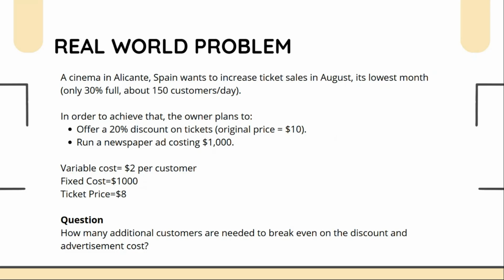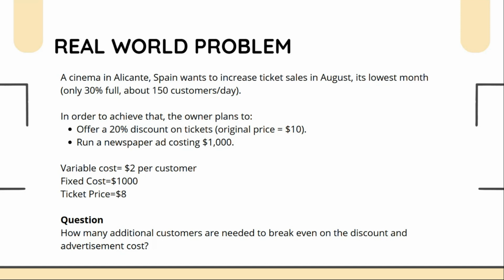Now, we can look at a real-world problem and use the same Excel function to solve it. First, we look at the questions and the information. The Elegance cinema wants to increase ticket sales in August, and its lowest month is only 30% full, about just 150 customers per day.